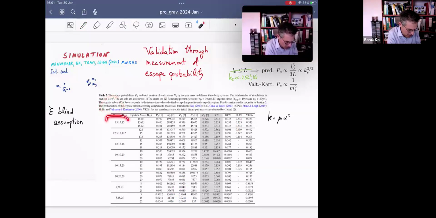Yes. So this is a case of equal masses. Here, our theory predicts a third equal probability, and also other theories predict equal probabilities. And indeed, you measure equal probabilities, even though the initial conditions that we chose are not symmetrical. We have a binary and the third guy falling into the binary. But nevertheless, the probability of escape that is measured is equal.